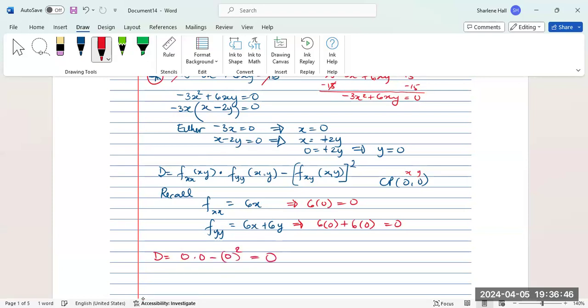What did I tell you when D equals 0? The saddle point, I think. Look back at it.